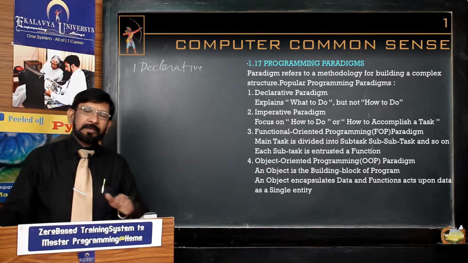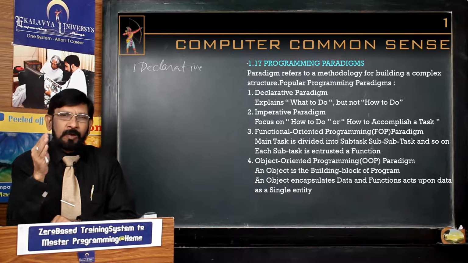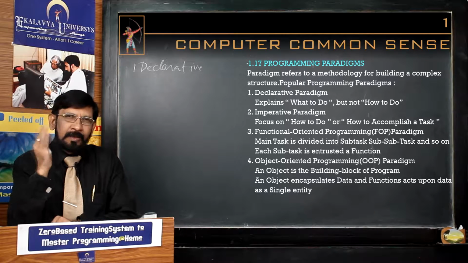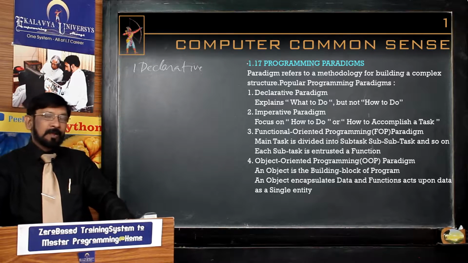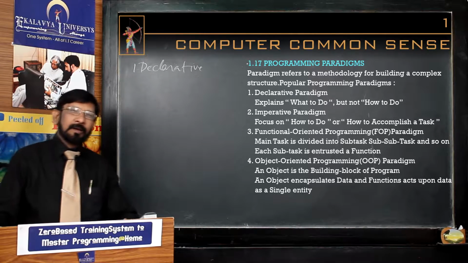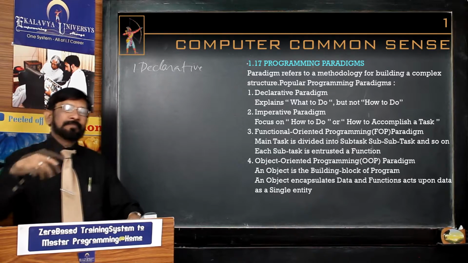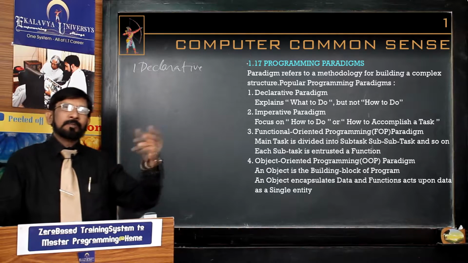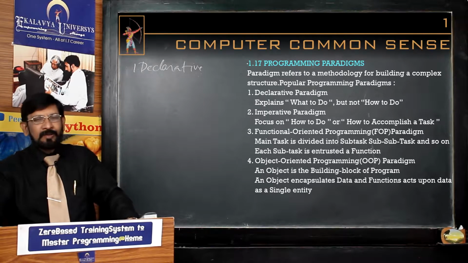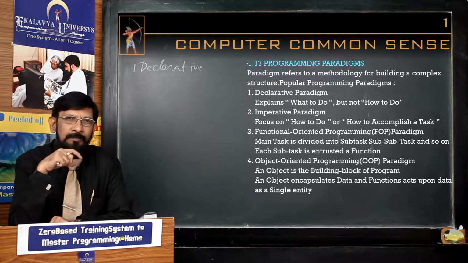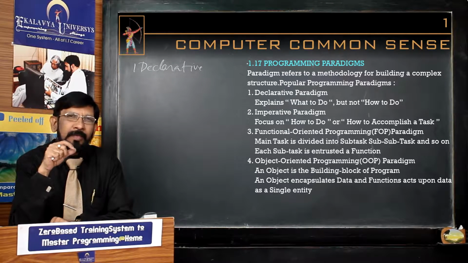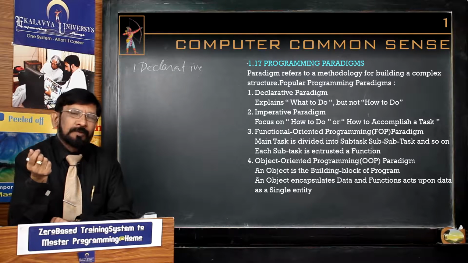So in that way, every new paradigm was developed by plugging the loopholes of the earlier ones, and it has advanced features which are compatible with the latest technology. Based on the programming paradigms only, every programming language is developed.